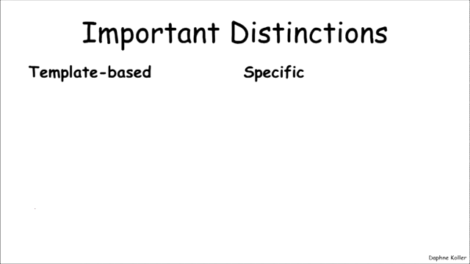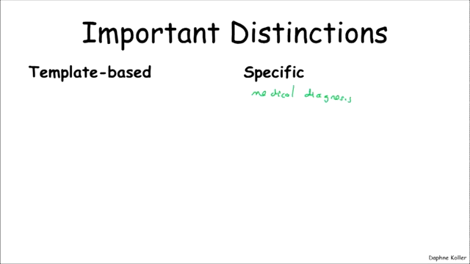So the first important distinction is template-based versus specific. And so what are some examples of specific models? So for example, medical diagnosis is usually a specific model. That is, you have a particular set of symptoms, diseases, and so on that you want to encode in your model. So that's one example.